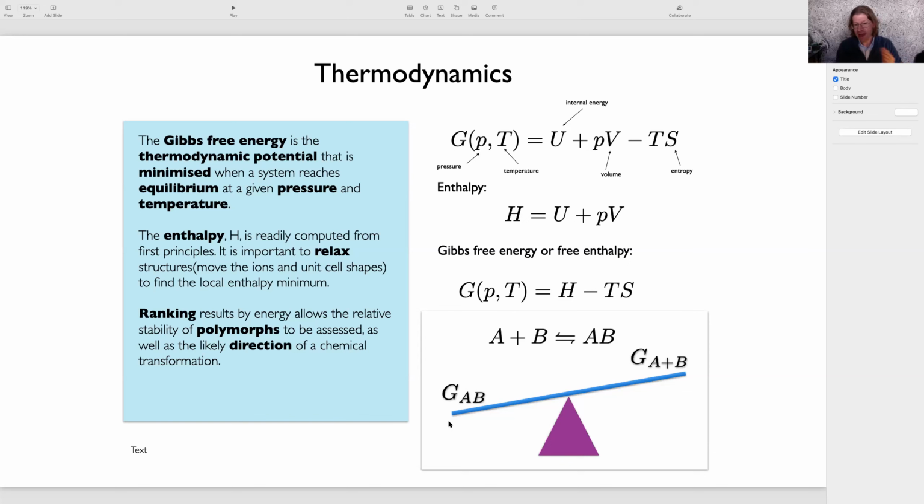You can also use the relative free energies to tell you the direction of a particular chemical transformation. So you can calculate based on crystal structures from the ICSD, and you say, well, this plus this would be exothermic to form compound C, or in this case here, A plus B will form AB in some way.